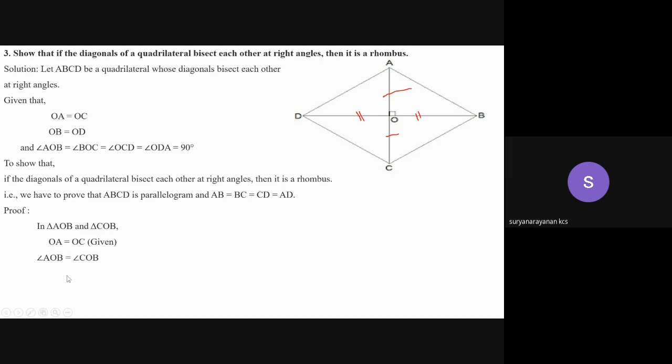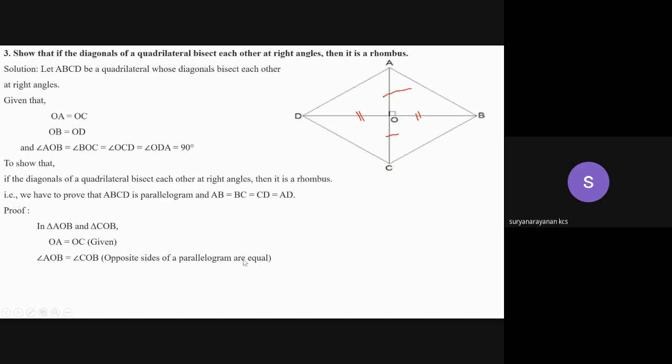Angle AOB is equal to angle COB. Because here it is 90 degrees, this is also not a correct statement. Angle AOB is equal to angle COB, 90 degrees, because they are bisecting each other at right angles.